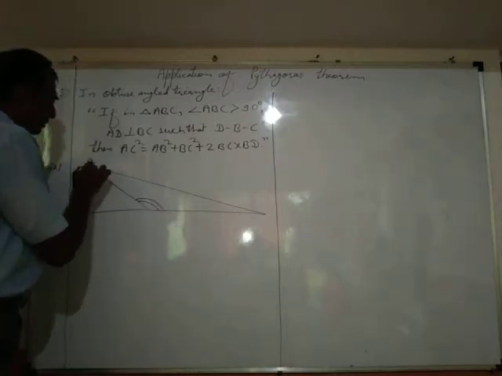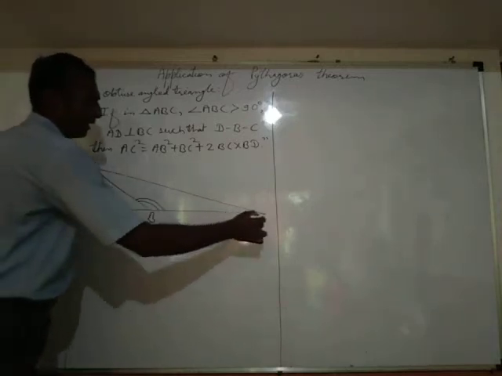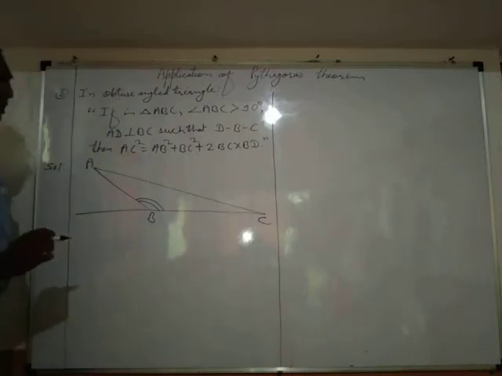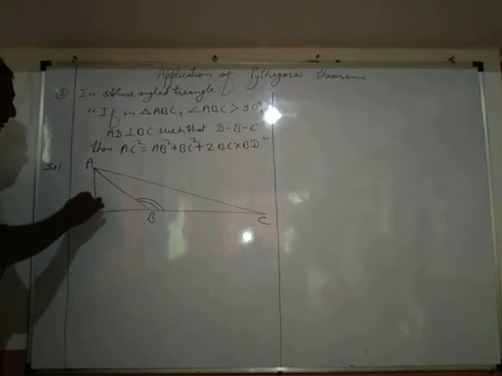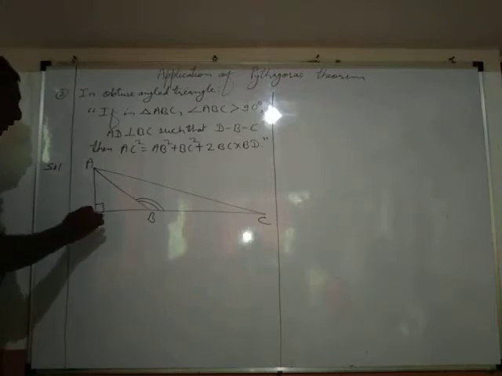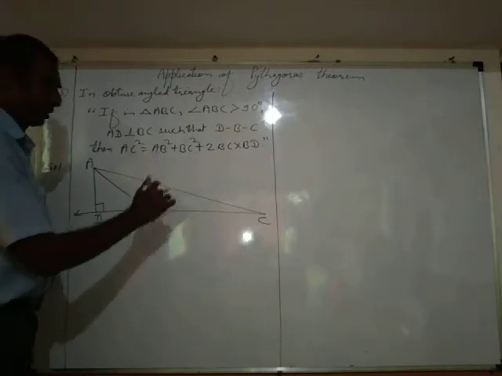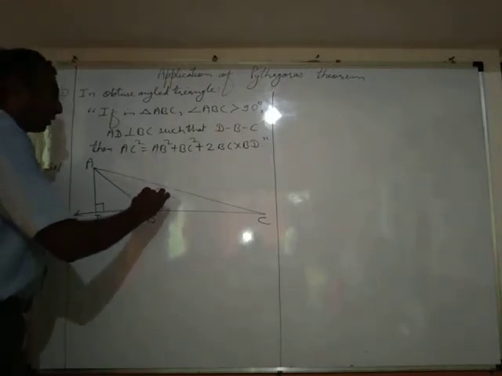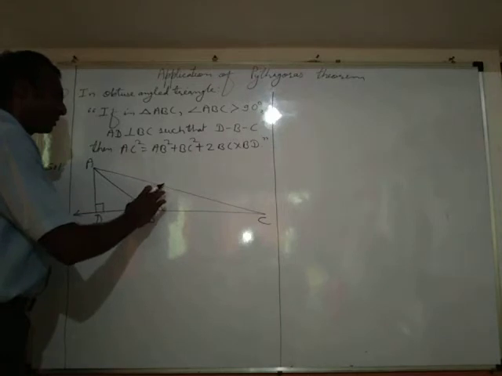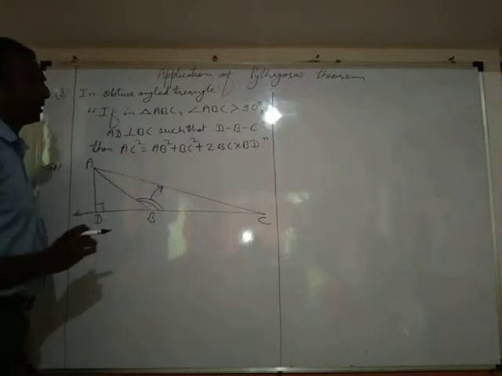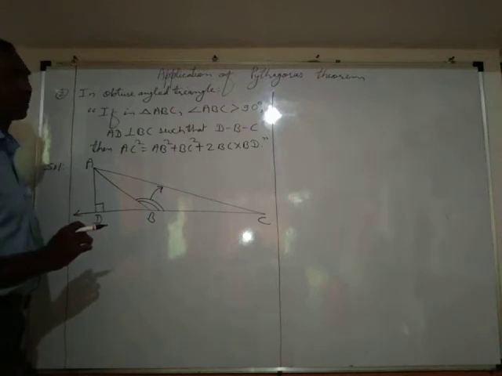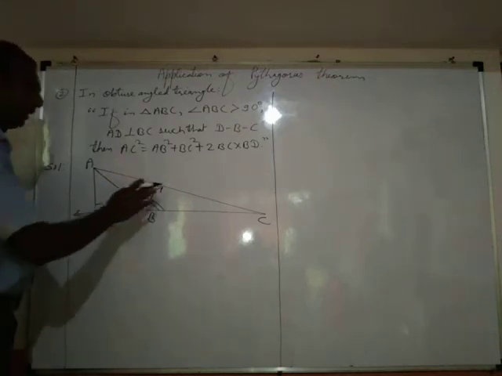Let us suppose triangle ABC is obtuse at vertex B and seg AD perpendicular to BC such that D dash B dash C. We are going to write an equation for AC square as what? AC square equals AB square plus BC square plus twice of BC into BD.